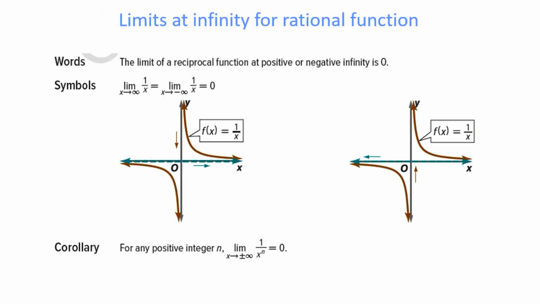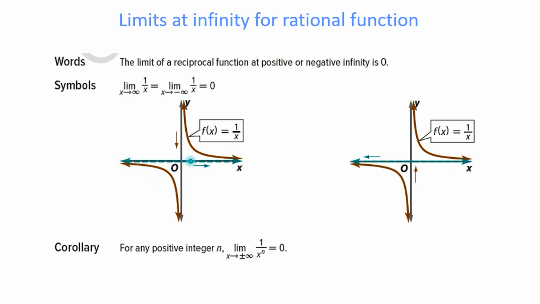Let's see the limits at infinity for rational functions. Now, if we look at the reciprocal function at positive or negative infinity, we can see it is 0 for both directions. So as x approaches negative infinity, my function value will approach number 0.